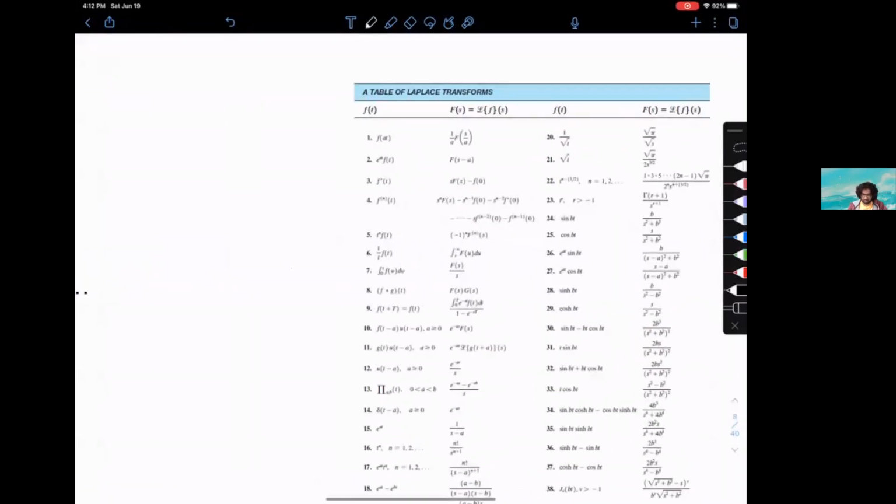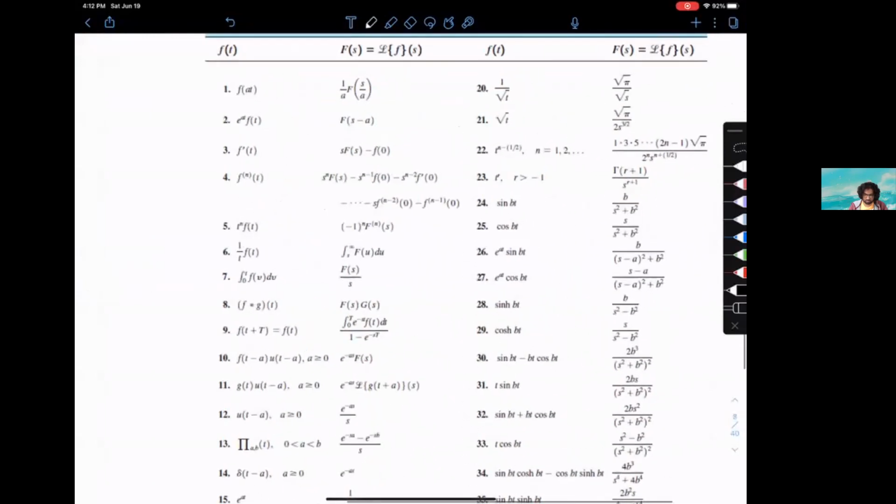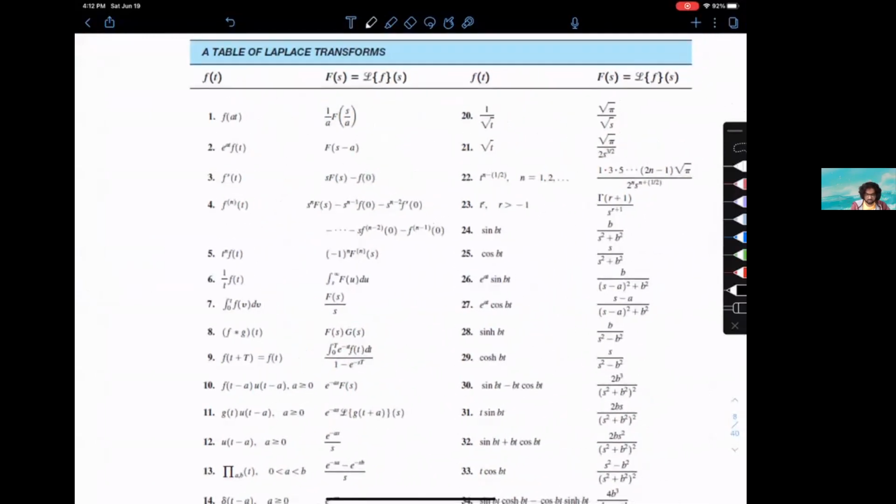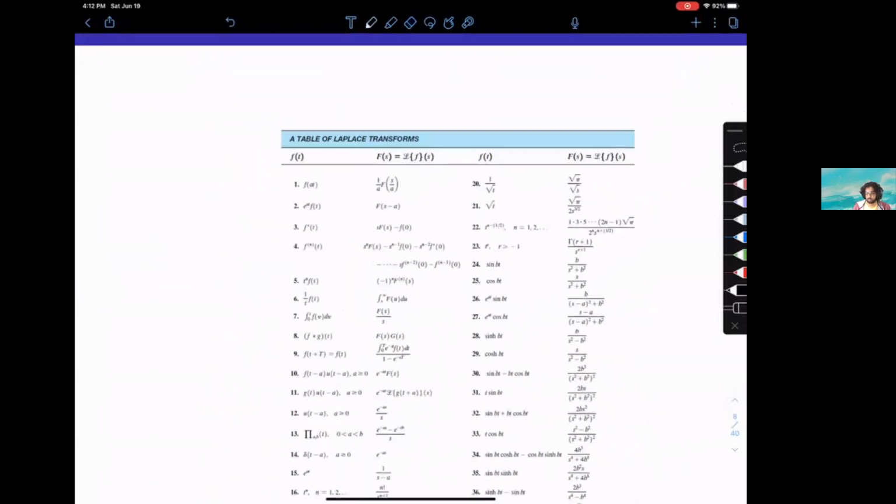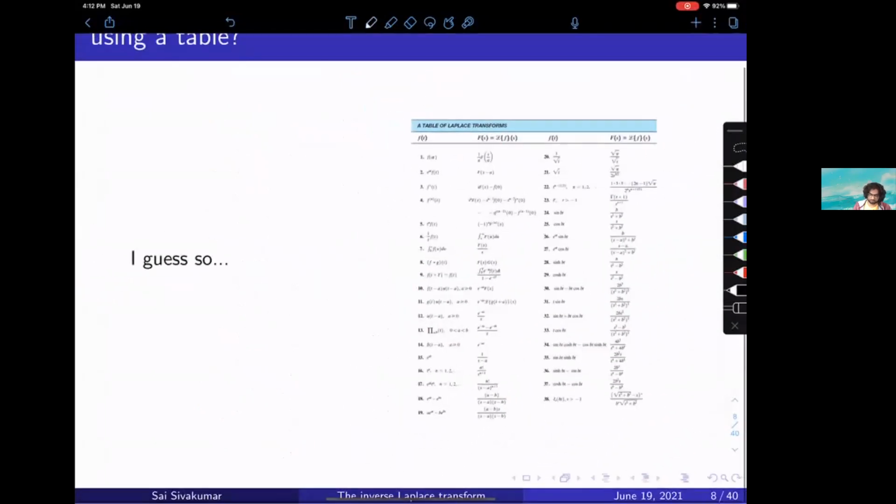I've seen some tables with u of t at every entry, because if t is less than 0, then it should be 0. But those are just details.